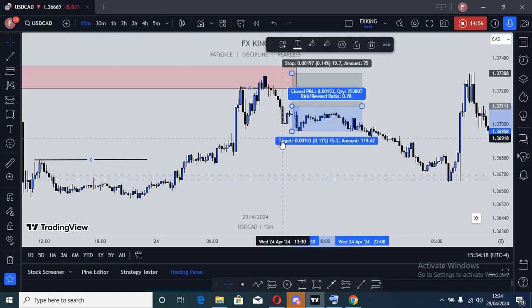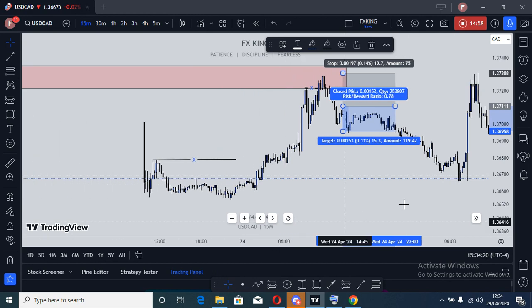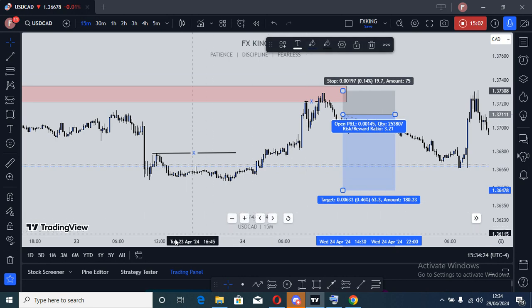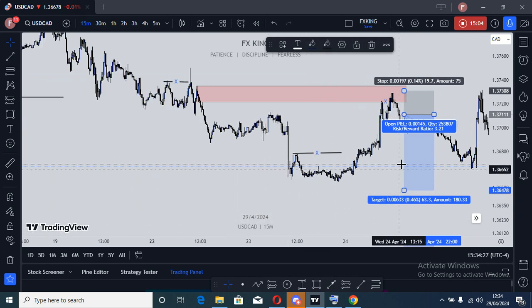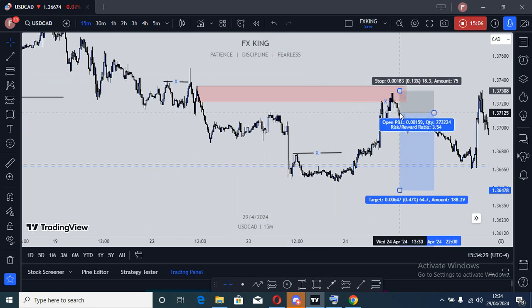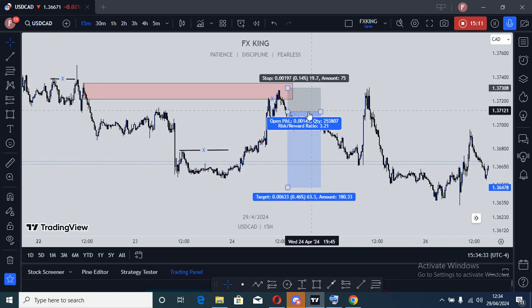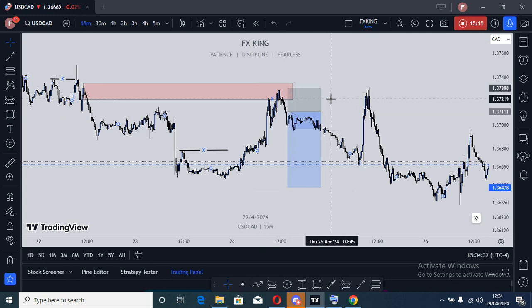We put our stop loss just above here and target the extremes. That is how we took the position.